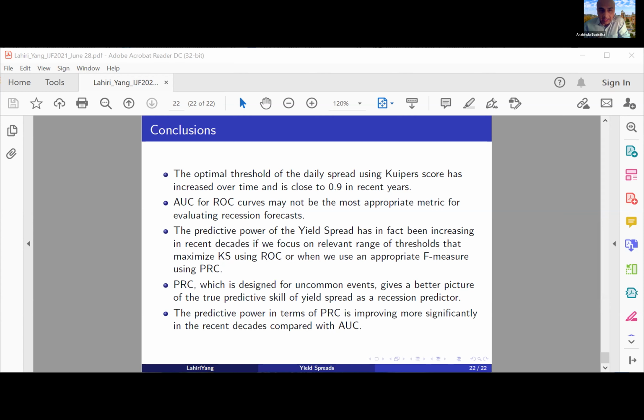Which spread was this? The 10-year and BAA. Okay, got it. I think BAA, not BBB. BAA minus 10-year. Okay, yeah.